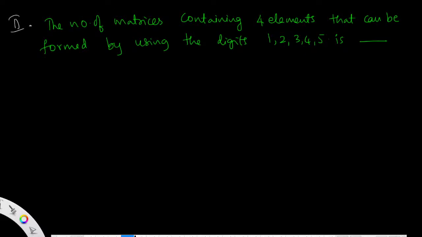Okay, the total number of matrices containing 4 elements that can be formed by using the digits 1, 2, 3, 4, 5. How many?